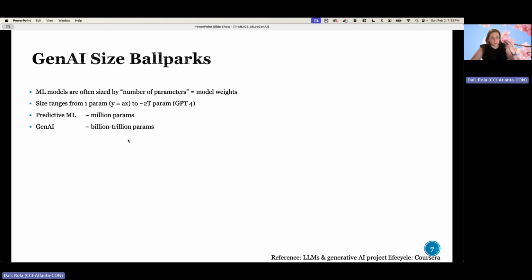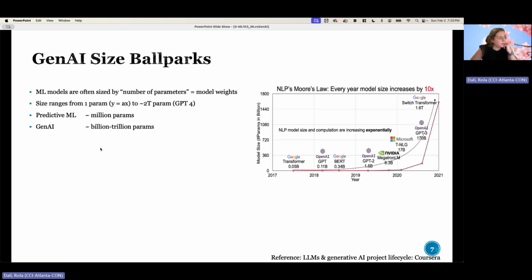So they're roughly 2 orders of magnitude greater, right? And this is the NLP Moore's law. Every year model sizes increase by roughly 10x. So we can see that BERT and GPT, for example, BERT is about 340 million parameters here, and this is 2018.